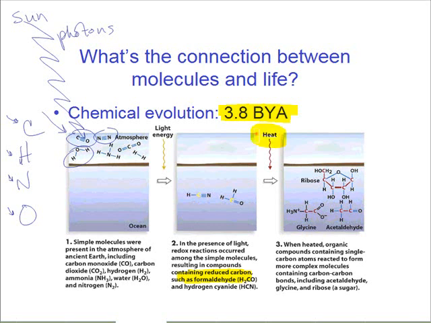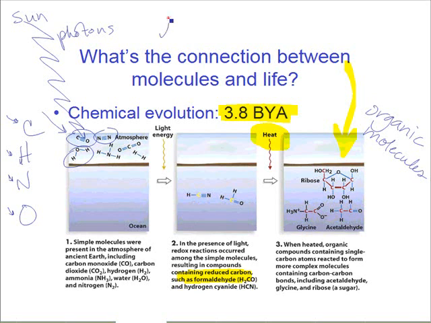And in the presence of heat, for example, from volcanic eruptions underneath the ocean that heated up the water to a very, very high temperature, we induced the formation of even more complex molecules that we call organic molecules. Organic molecules are molecules that have at least one carbon in them. And it's from these organic molecules that we begin to get the kinds of interactions that eventually led to the formation of first life.